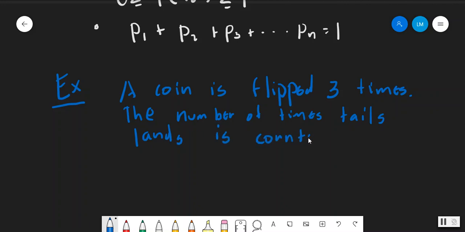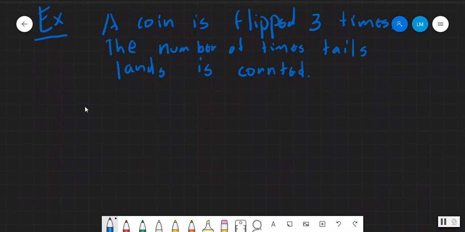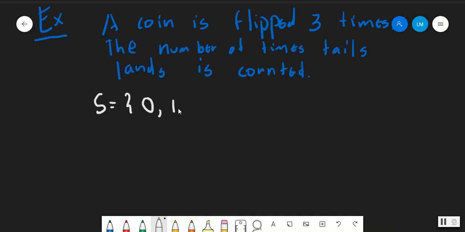So we have to come up with the probability distribution as it relates to a coin experiment when the number of tails is counted. As we look at our sample space, the lowest outcome is that it doesn't land tails at all, which is 0, followed by 1, followed by 2, followed by 3.